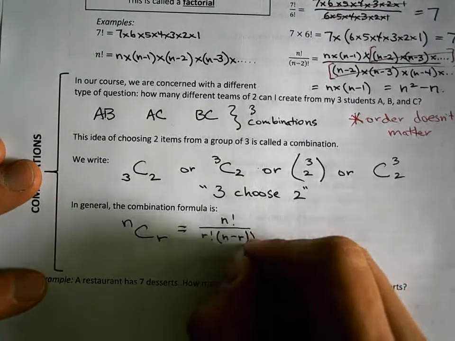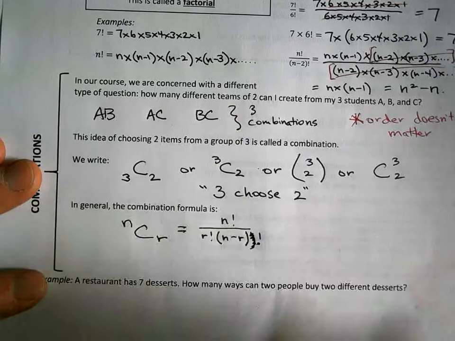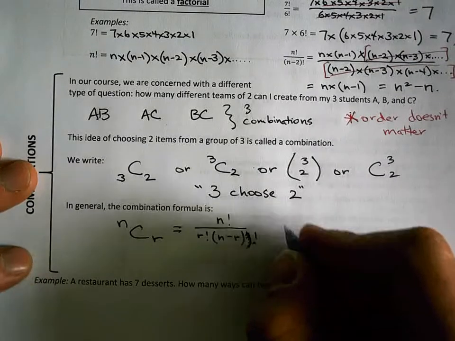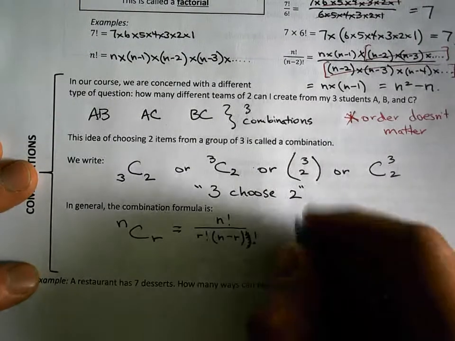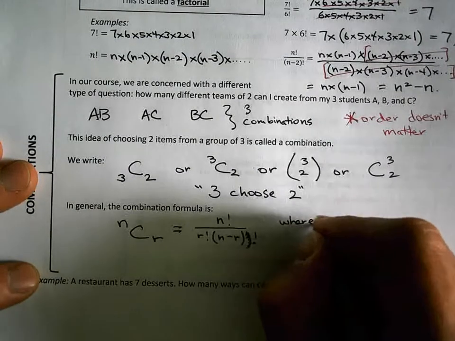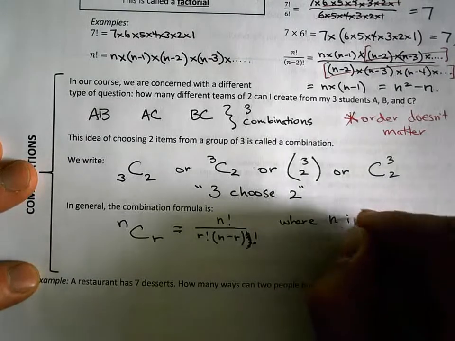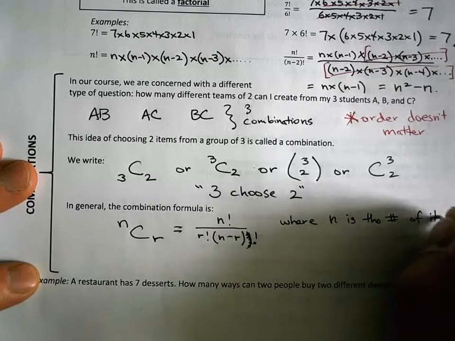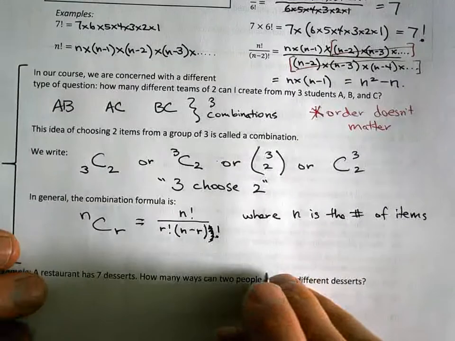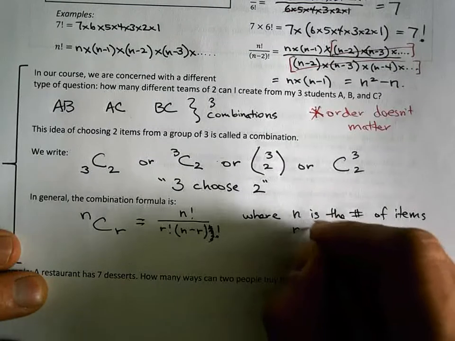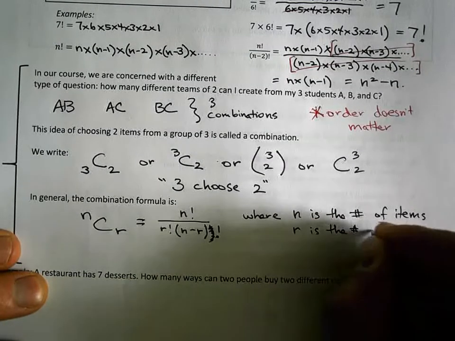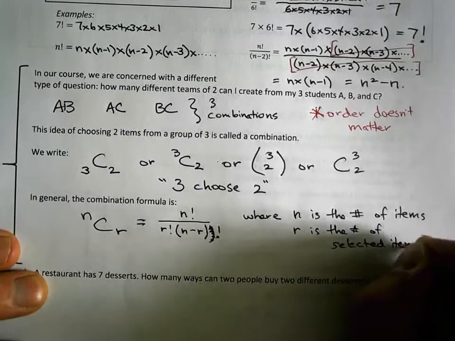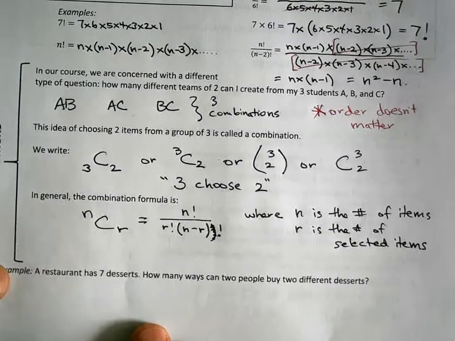Oops, sorry, factorial should be outside, sorry. Where n is the number of items and r is the number of selected items. Now that's my formula.